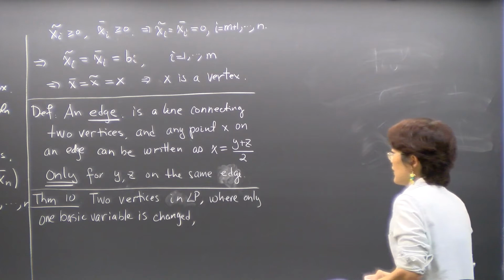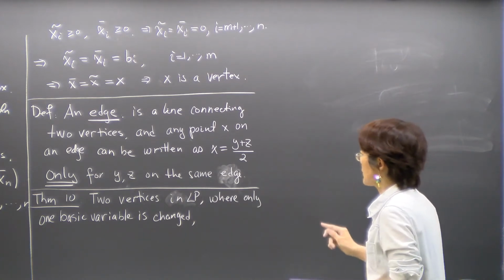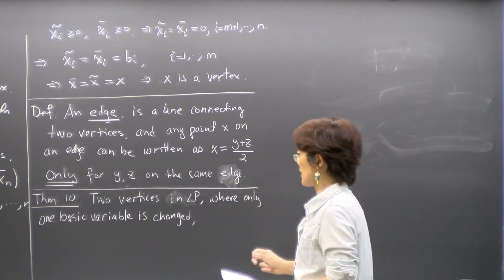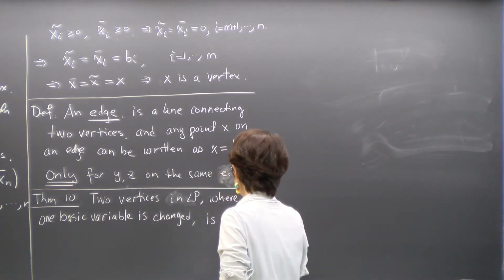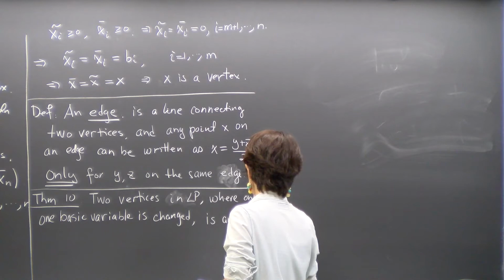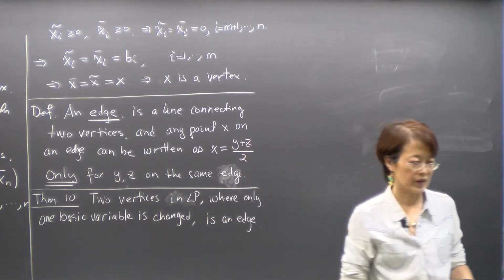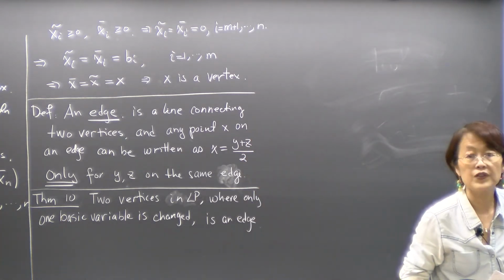So not any vertices, but two special ones where you switch one basic variable with another, and we claim that this is an edge. Okay? An edge of the convex set of the feasible region.